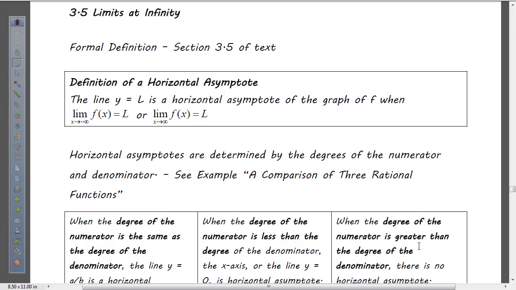The end behavior is going to be bounded by some number L.